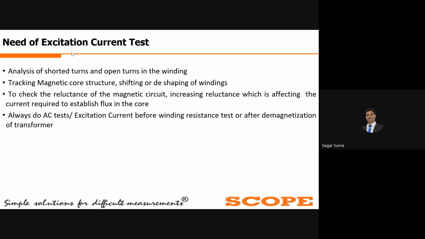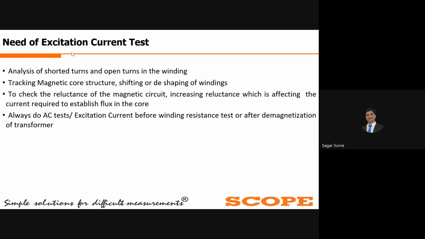Shifting or de-shifting of the winding and the magnetic core structure can also be observed with the excitation current test, or to check the reluctance of the magnetic circuit, since increasing reluctance affects the current required to establish flux in the core.